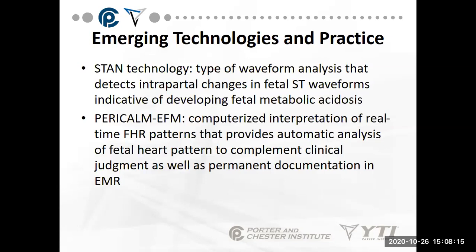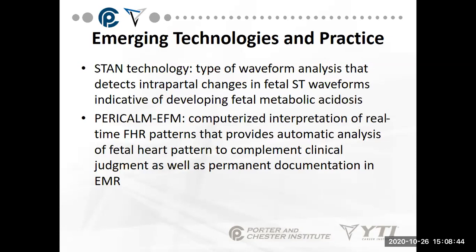Again, the emerging technologies in practice. It's in your book, you can read more up on it. STAN technology is a type of waveform analysis that detects intrapartal changes in fetal ST waveforms indicating developing fetal metabolic acidosis.